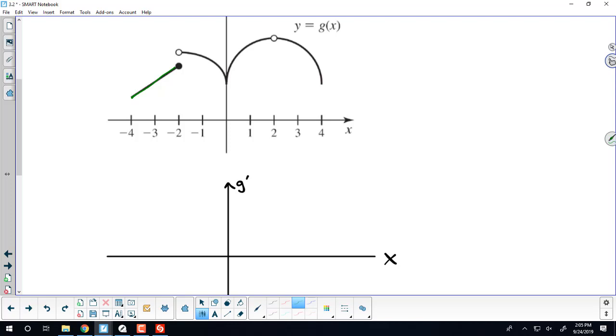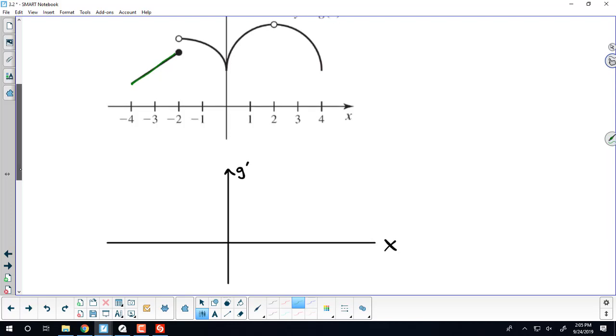Since we don't have the y values to actually measure the slope of the green line, all we know is that it's positive, right? So it's just going to be some constant. m is some positive number, always that positive number. So it'll look something like this, just a flat line.